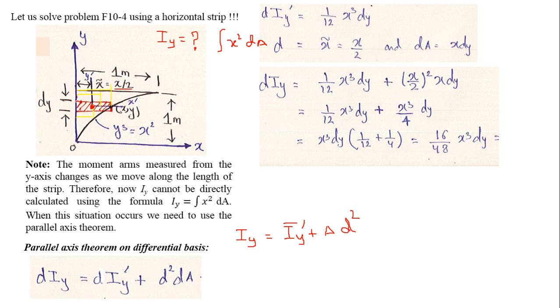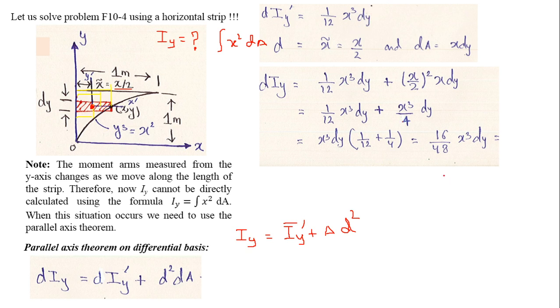This dimension, the length of the strip, is perpendicular to the y-axis. So the length of the strip is x, and this x will be cubed, while the dimension that is parallel to the y-axis, which is dy, will remain as it is, that is with the first power.